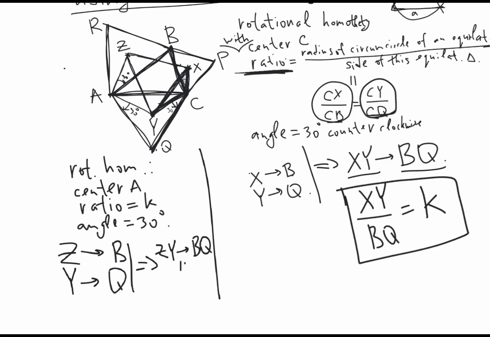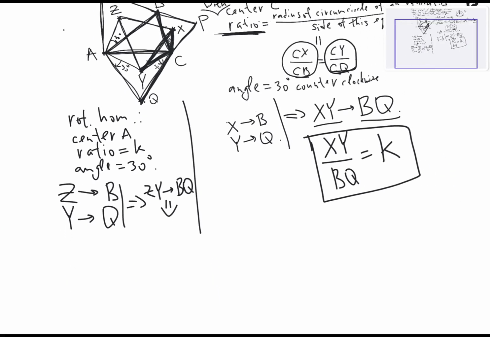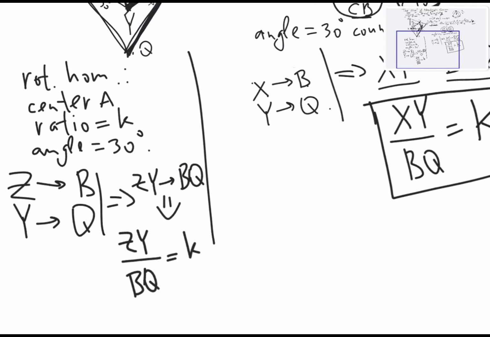And from this we conclude that the ratio of ZY over BQ is equal to the ratio of the homothety K.